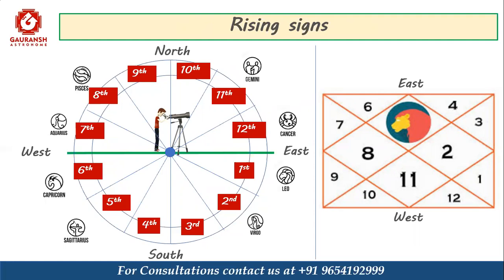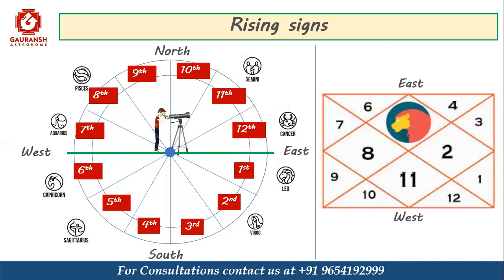So the first house starts from the Leo sign, the second house starts from Virgo, then the third is Libra, and so on. The first 6 houses are always below the horizon, which we cannot see, and the houses from 7th to the 12th are always above the horizon, which are visible.